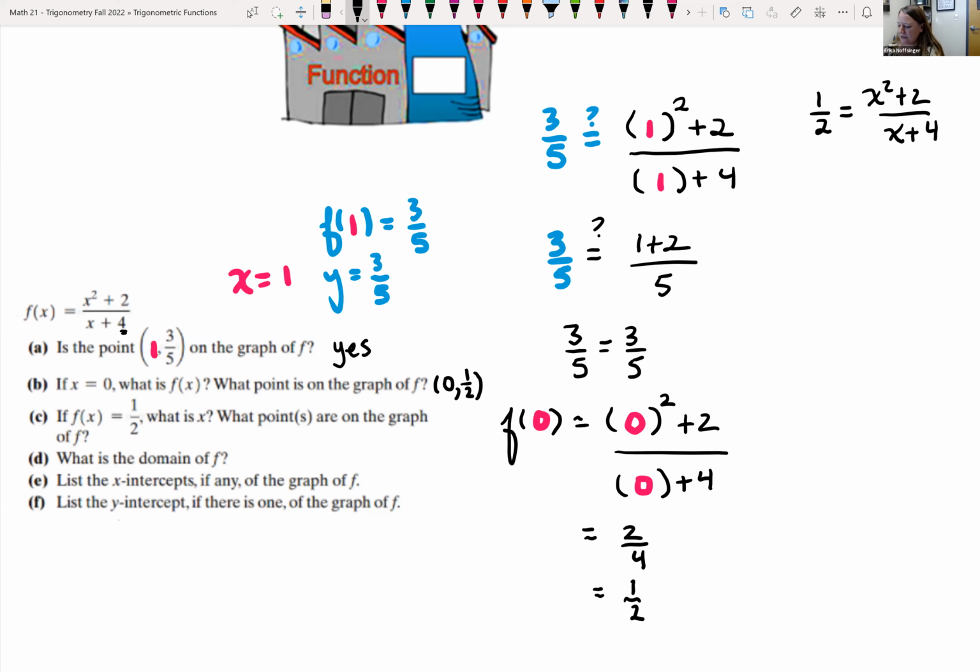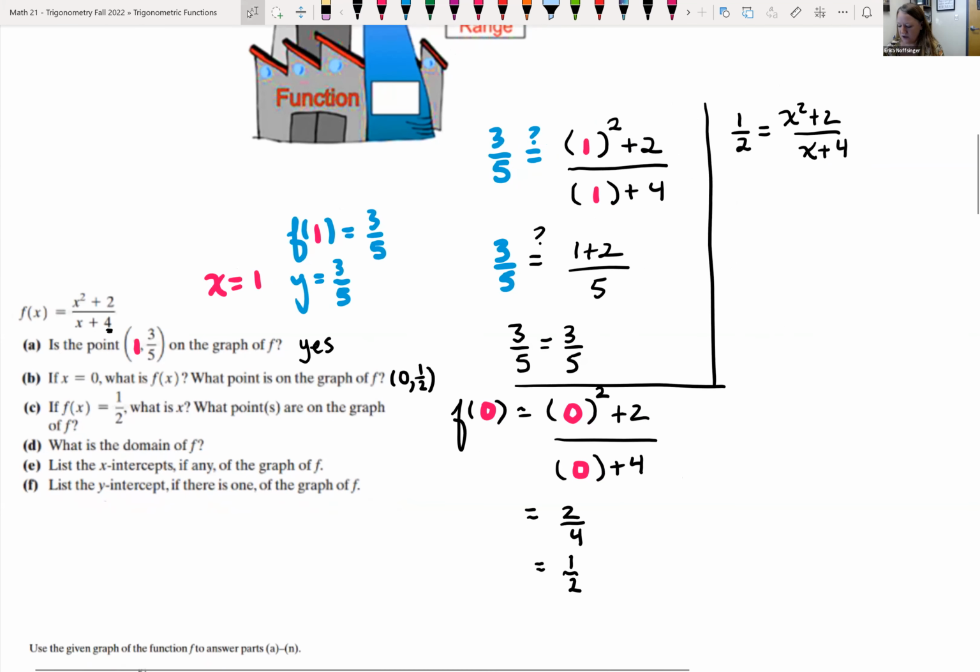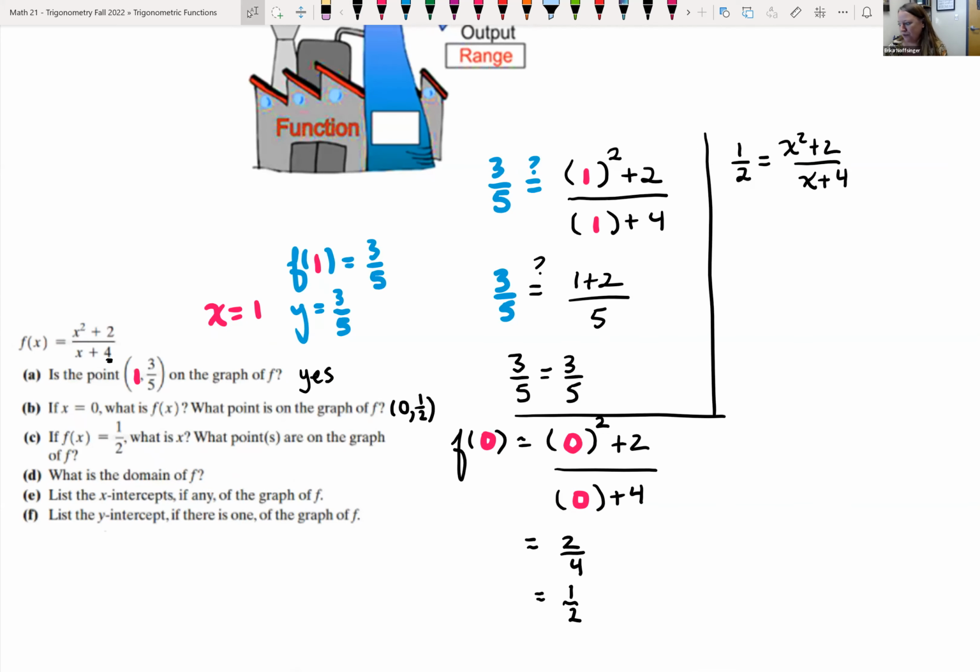Okay, but going back up to this example, where we're given the y value and trying to find the value for x. So I have a rational equation where we have values in the denominator. And so we can solve this by getting rid of our denominators by multiplying by our least common denominator.